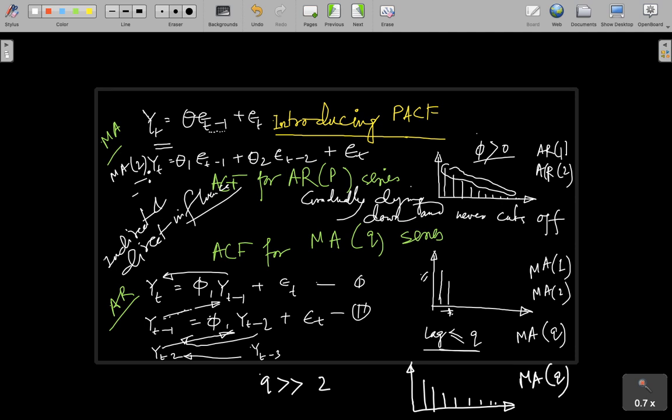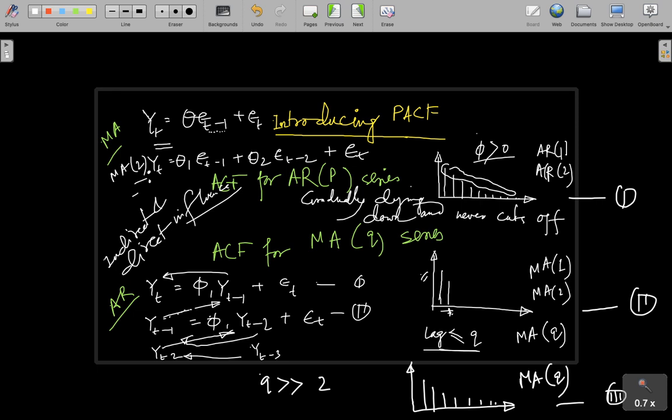Now if I name this graph, say graph 1, graph 2, graph 3, right? So the problem, if I compare graph 1 and graph 3, I will see there is no difference. So then AR1 series and MA of higher order series, there is no difference. Okay, so it will be difficult for us to actually identify if it is a AR1 series or if it is a MAQ series.